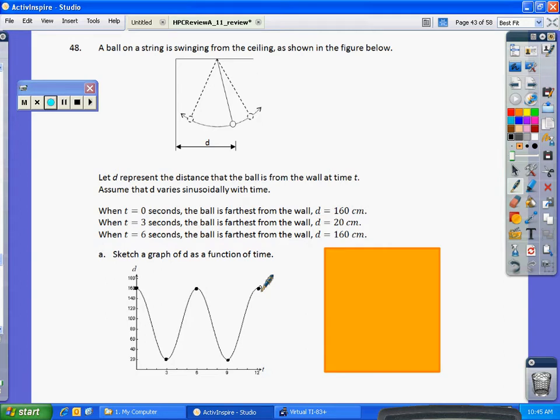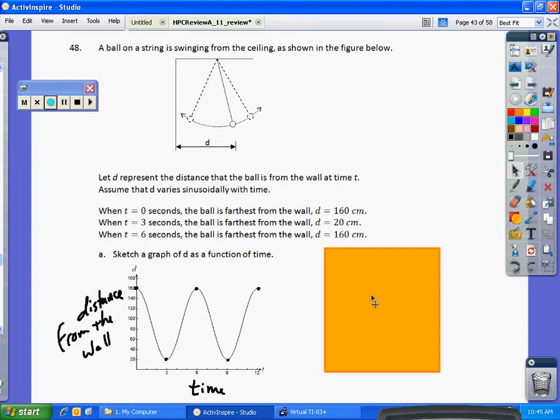The graph should be labeled in the proper increments. Remember, this is distance from the wall. This is time. Okay? So we sketched a graph.